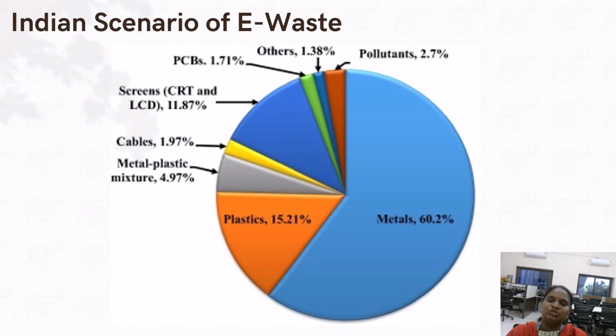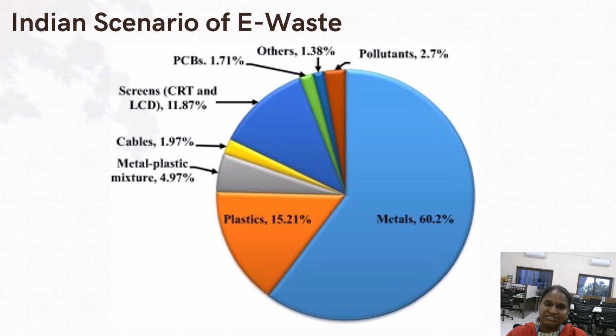One is mainly due to metals. As I said earlier, mainly it is due to computers. From computers mostly we are getting these metals. So metals are generating almost 60.2 percentage. Plastics 15.21 percentage, and the metal plastic mixture is 4.97 percentage.